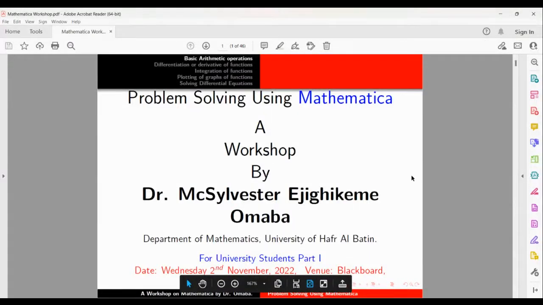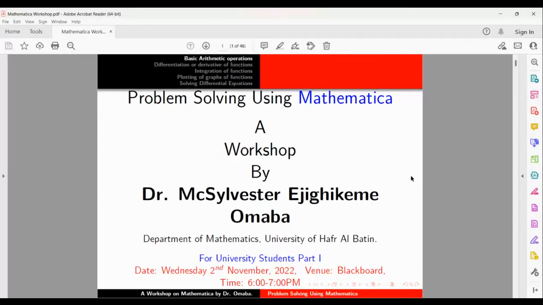So this is just a beginner course on Mathematica. It's not for professionals, so for those who have some knowledge of Mathematica already.